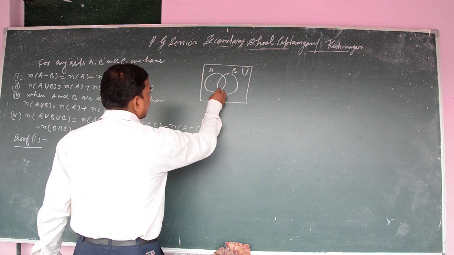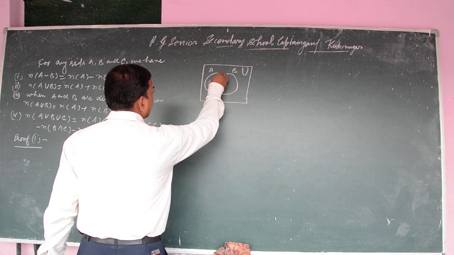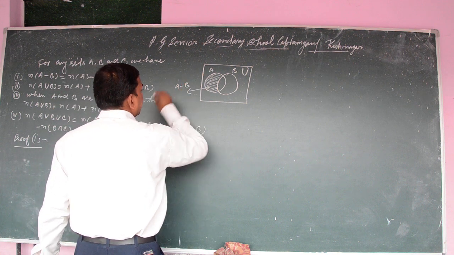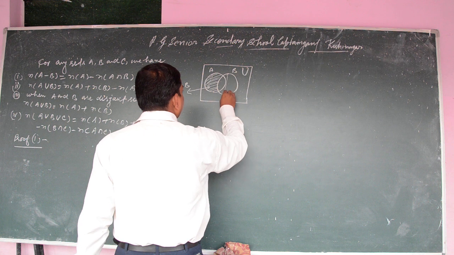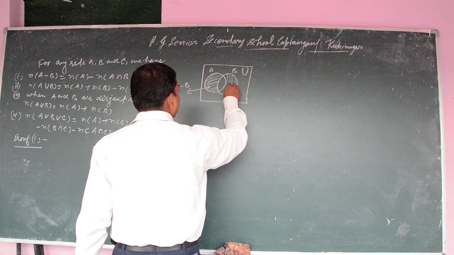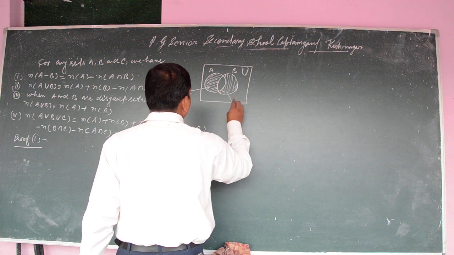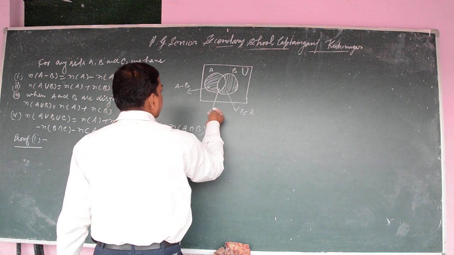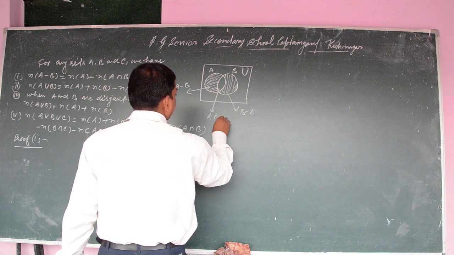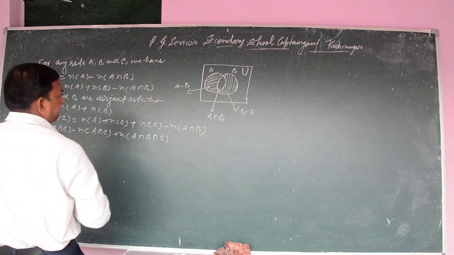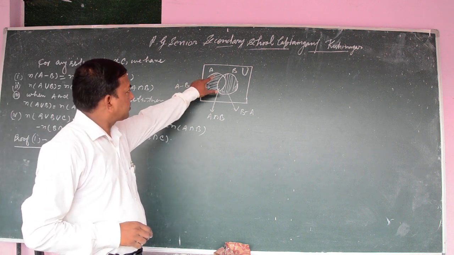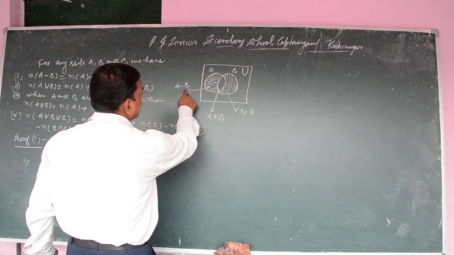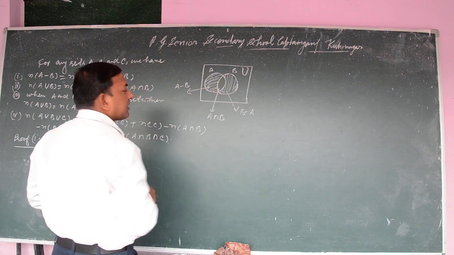So here this region is represented by A difference B. This region is represented by B difference A, and this middle region is represented by A intersection B. This circle is represented by set A. In this set, A difference B and A intersection B are disjoint sets.